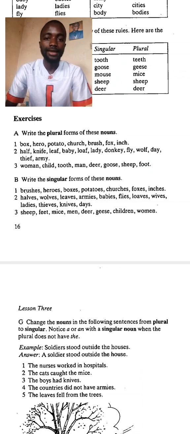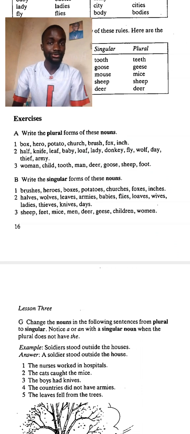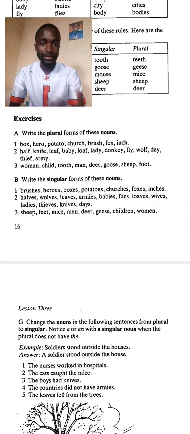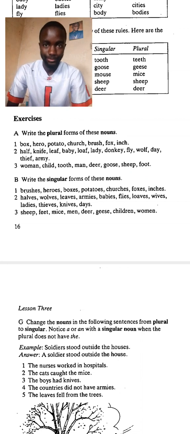Okay. Write the singular forms of these nouns. I'm not going to do anything about this because all the examples that we've been taking are just going to be used for this exercise. So you can do it on your own. I believe you should be able to do this on your own now.